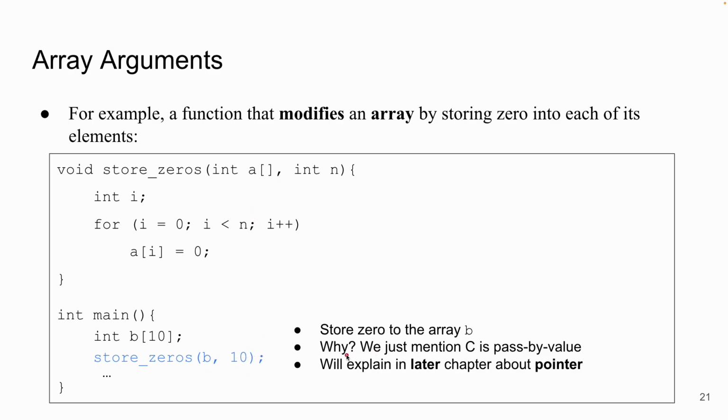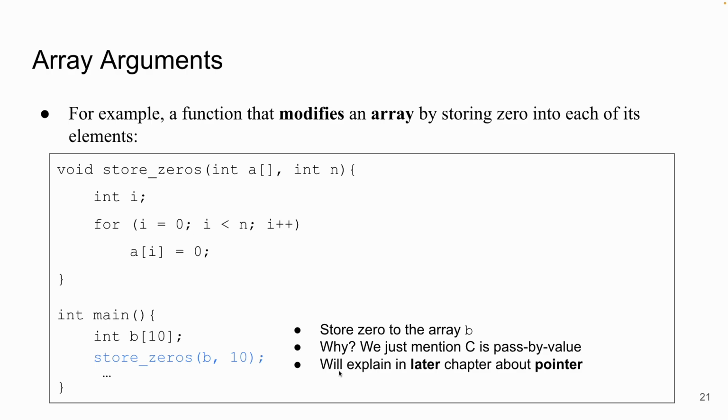Why do array parameters and array arguments have such magic power? This is hard to explain here, but it is important to let you know that if you want to create this kind of function, you can use an array argument to achieve this goal.